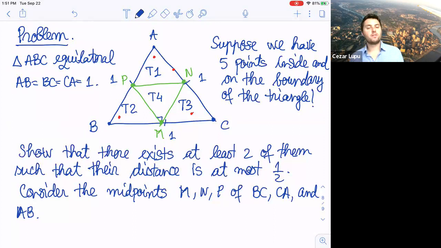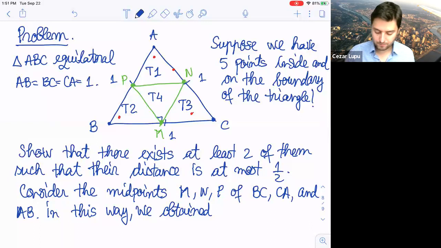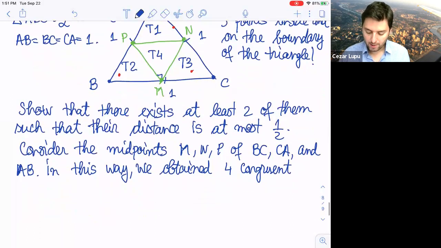So in this way, we obtained 4 congruent triangles.